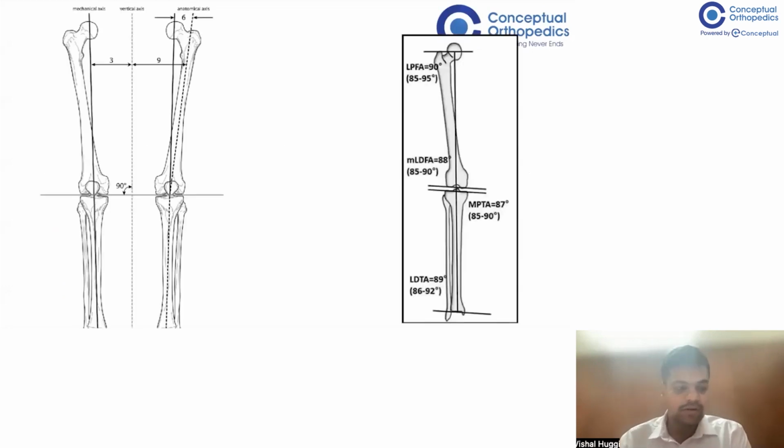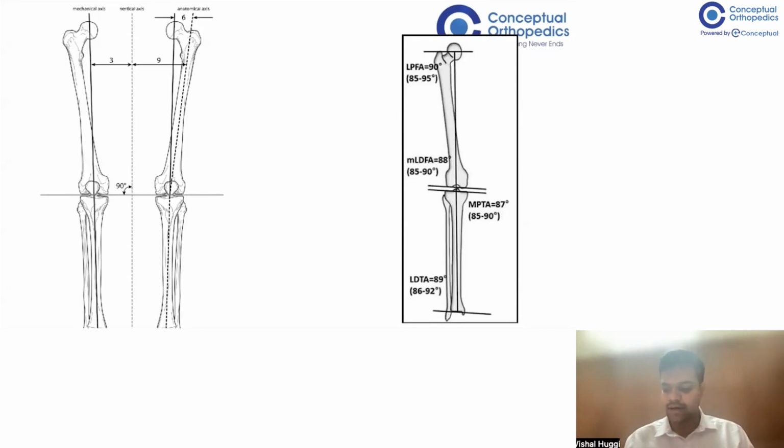So before moving on, this is my most important slide. Whenever you are doing a TKR, this slide has to come to your mind as soon as you see any knee or you are planned for any TKR. This is one of the most important things. So let us start revising a little bit.